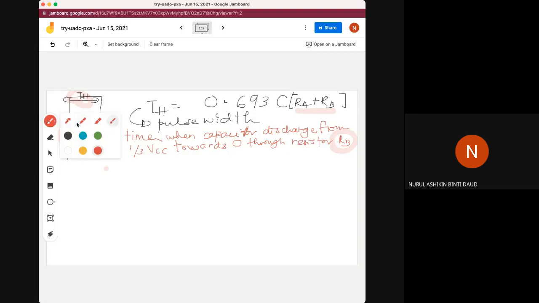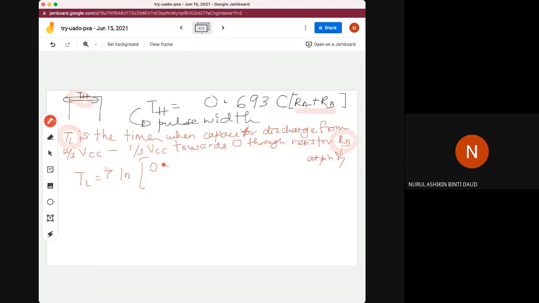So how to calculate it? For TL, same as before, tau ln of (0 minus 2/3 VCC) over (0 minus 1/3 VCC), since there is no VCC applied to this configuration, if you realize just now.